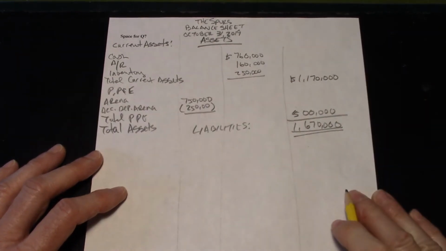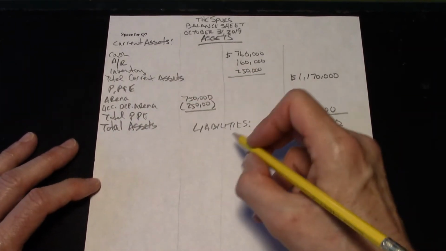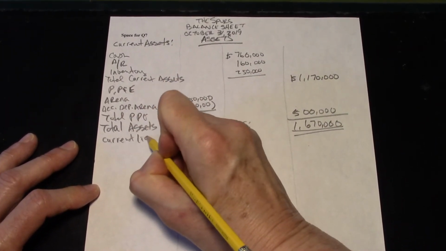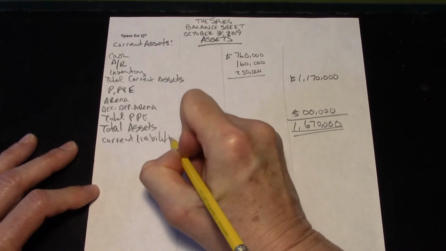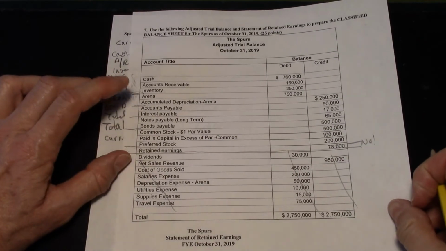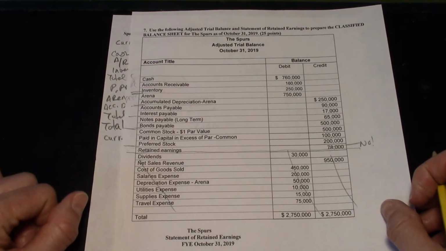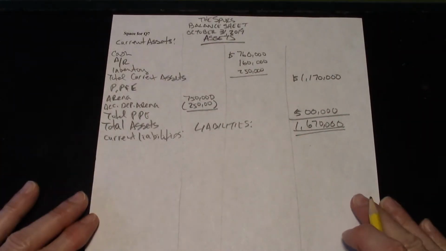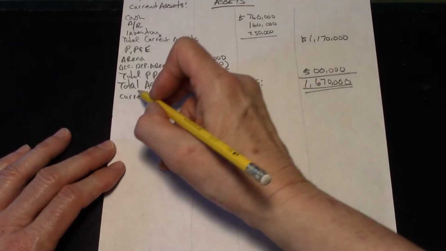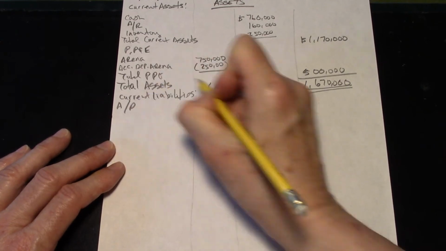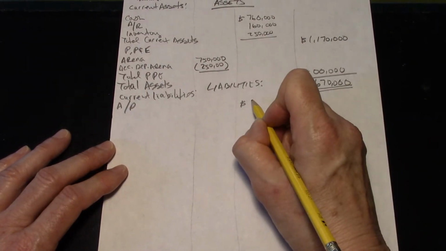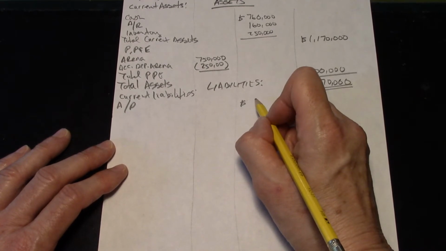Now we're going to move on to liabilities. And of course we start with current liabilities. Let's see what we got. Well, we decided that accounts payable and interest payable were our current liabilities. And that is 90,000.